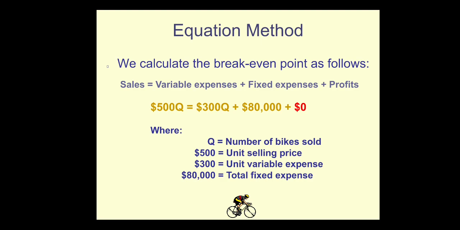So 500 times quantity, or Q, equals total variable cost plus total fixed cost. Total variable cost equals unit variable cost times quantity. For this bicycle company, unit variable cost is $300, and quantity is Q, the break-even quantity that we want to find.